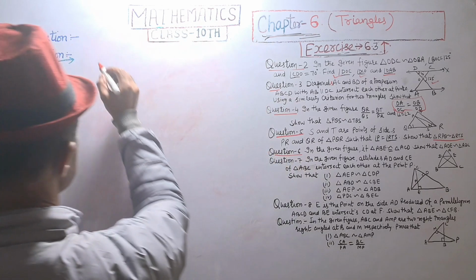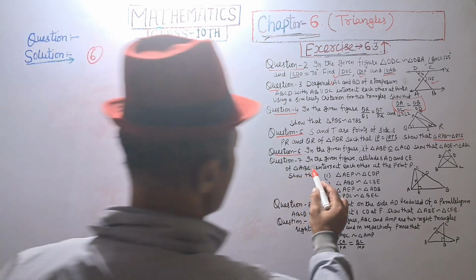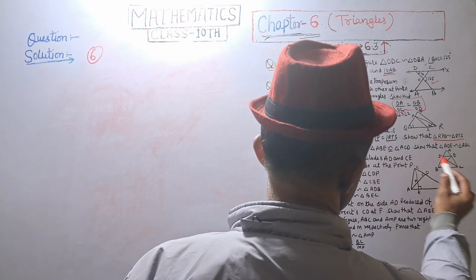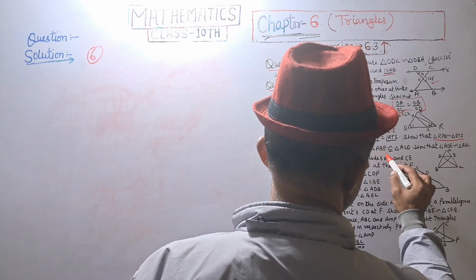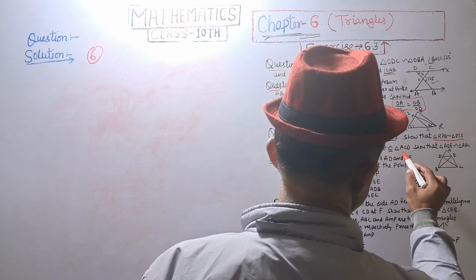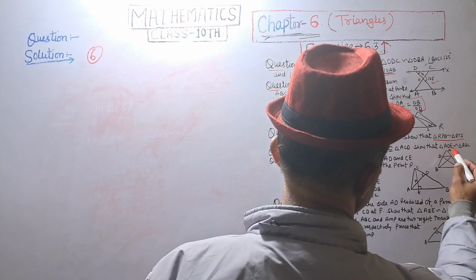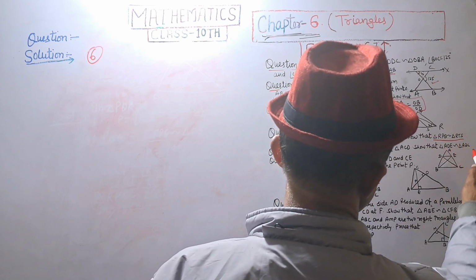Question number 6. In the given figure, if triangle ABE is congruent to triangle ACD, show that triangle ADE is similar to triangle ABC.